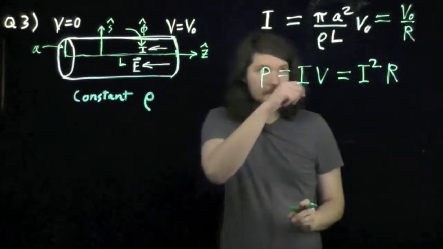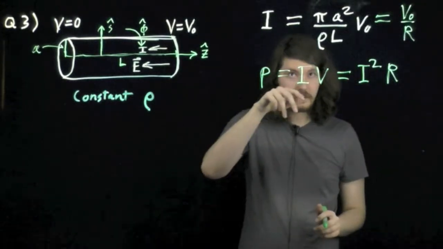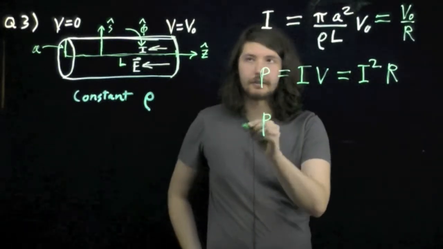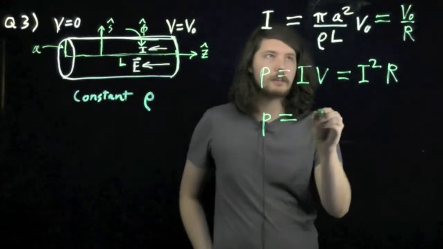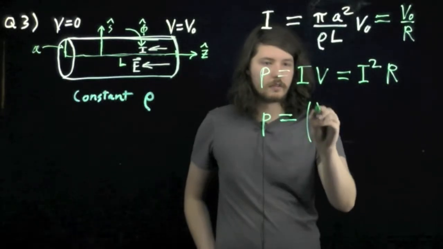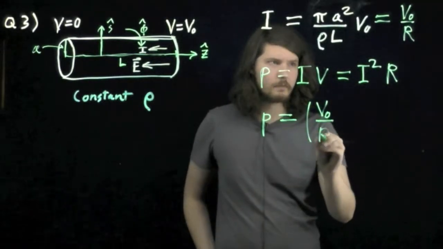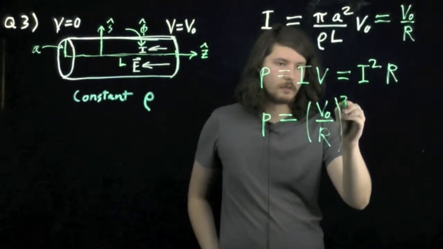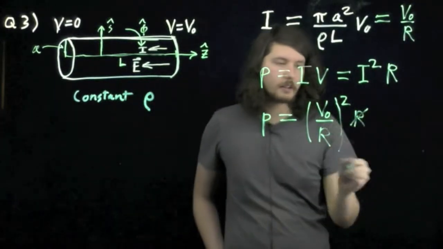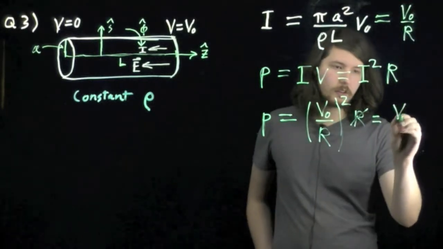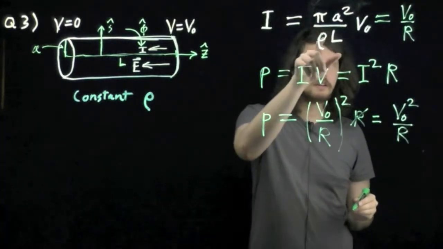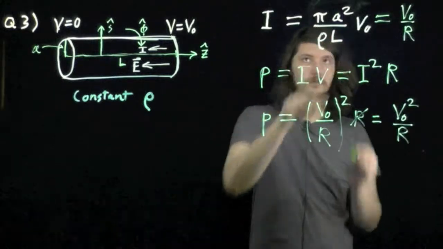With that established, we can now go forth and write that the power flowing through our wire is given by V naught over R, all squared, times R. This R right here cancels with the R right here, and this leaves us with V naught squared over R, which in our 1 over R term is just this term right here.